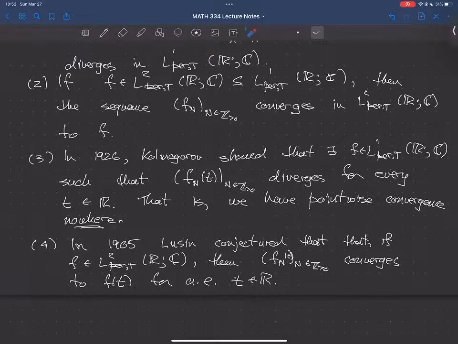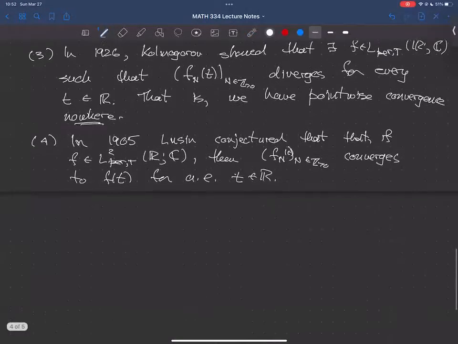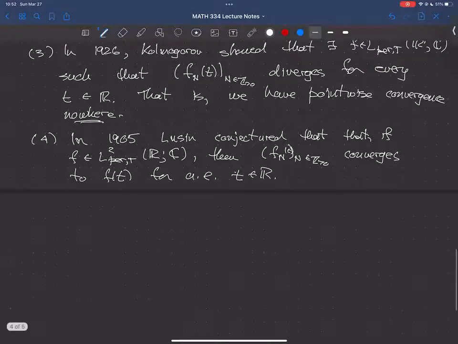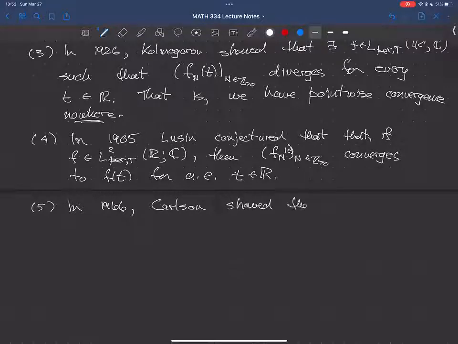Most of the work that was done in that direction was to do what Kolmogorov did in L1 in L2. And while doing so, Swedish mathematician Lennart Carleson showed that Lusin's conjecture is true.